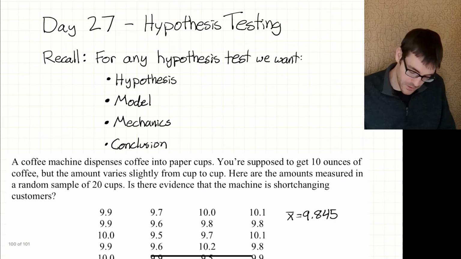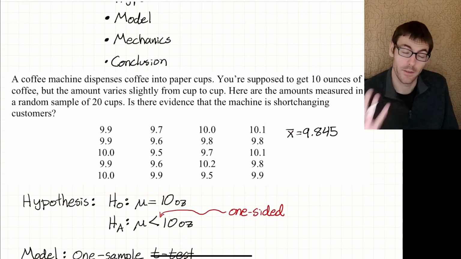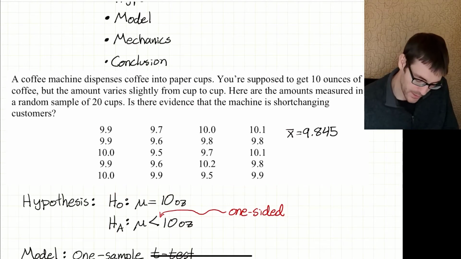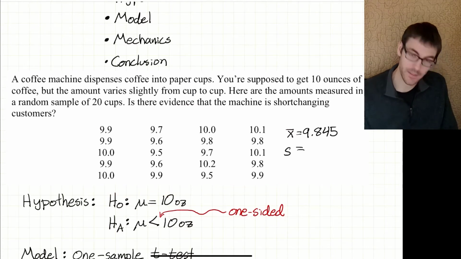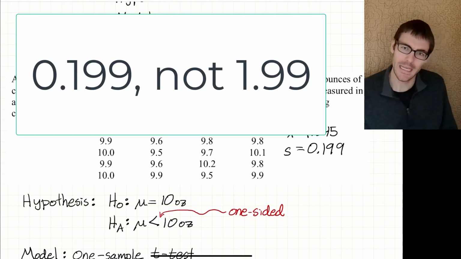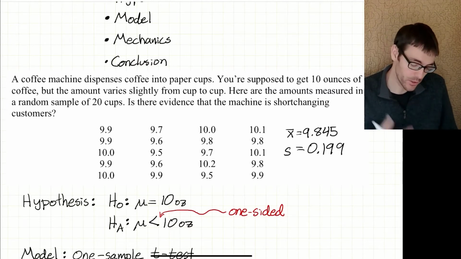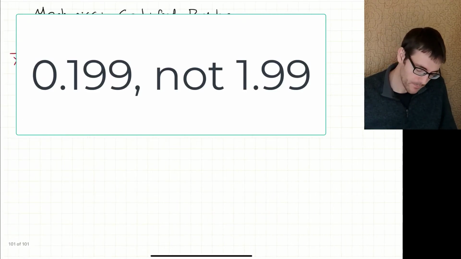Going back to our original data, we can look at these 20 points that we actually found, our sample, and realize that our sample standard deviation, the standard deviation of all these points, ends up being 1.99. Again, we could plug this into R and run the SD function. It should spit out 1.99.